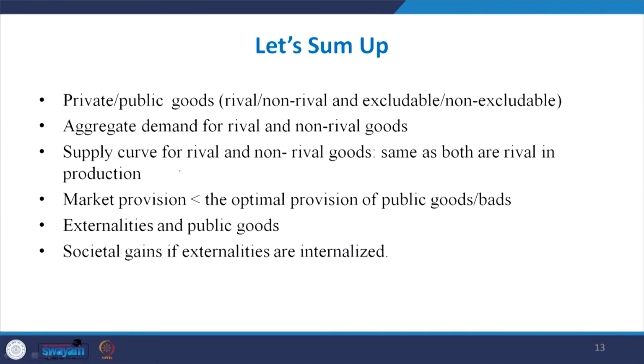So, let me now sum up the topic. In this topic, I discussed the different types of goods like public goods, private goods, rival, non-rival, excludable and non-excludable goods. I also explained the derivation of aggregate demand. Aggregate demand is the horizontal summation of individual customers' demand when the product is a rival product.